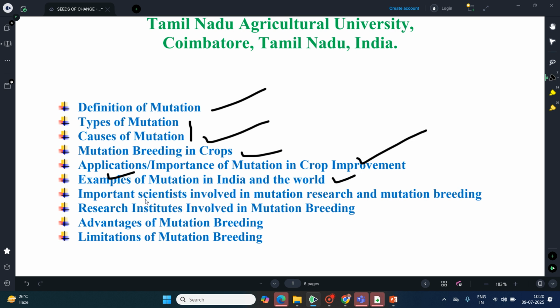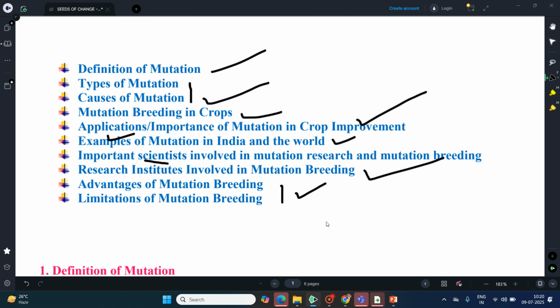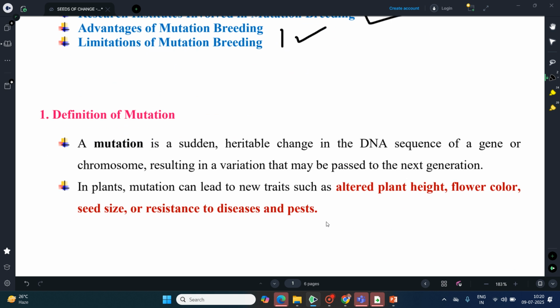Important scientists who are involved in mutation research and mutation breeding, as well as the research institutes that are involved in mutation breeding, advantages and limitations of mutation breeding. These are the topics which we are going to discuss one by one.